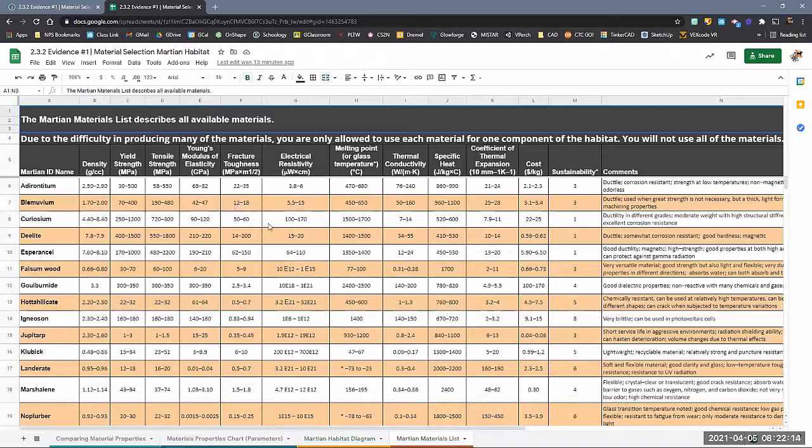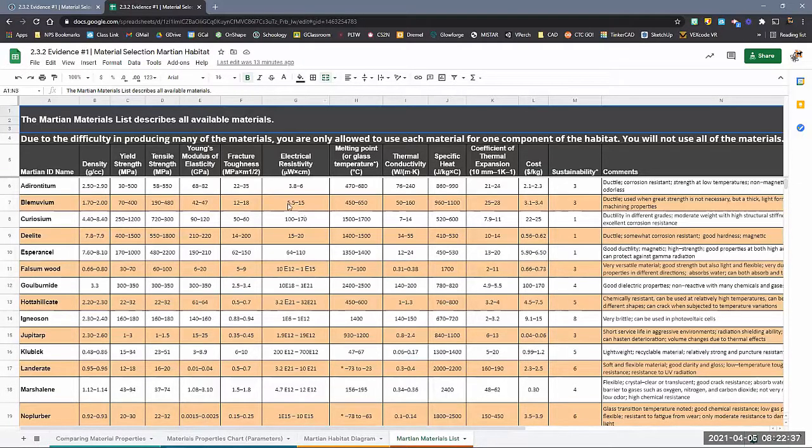It's also high in fracture toughness, but oftentimes you want to look at more than just one thing. Just because it has high fracture toughness, we also want it to have, for example, high yield strength. So for this one, I noticed that it's maybe not as high as the Curiosium.